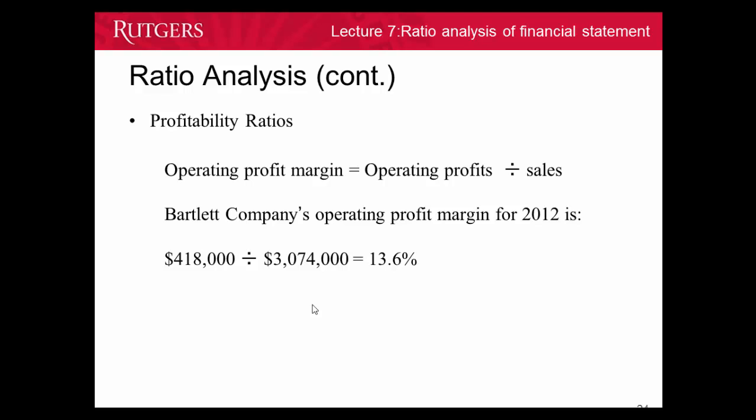Another profitability ratio is called operating profit margin. Operating margin is a measurement of what proportion of a company's revenue is left over after paying for variable costs of production, such as wages, raw materials, and so on. A healthy operating margin is required for a company to be able to pay for its fixed costs, such as interest on debt. It is calculated as operating profit divided by sales, and it's very easy.